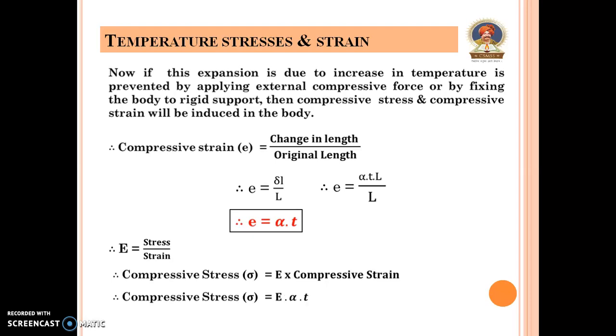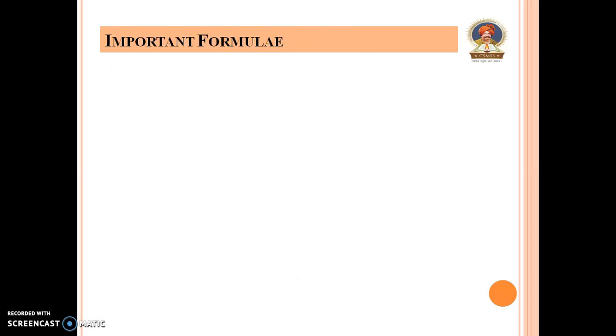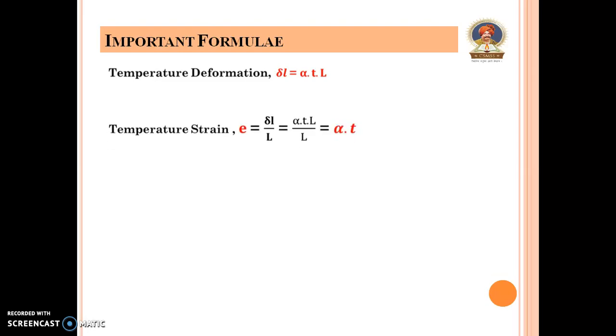Therefore, sigma is equal to E into alpha into T. So the equation is sigma equal to alpha into T into E. Important formulas: temperature deformation, delta L, is equal to alpha into T into L. Temperature strain e is equal to alpha into T. Temperature stress sigma is equal to alpha into T into E.